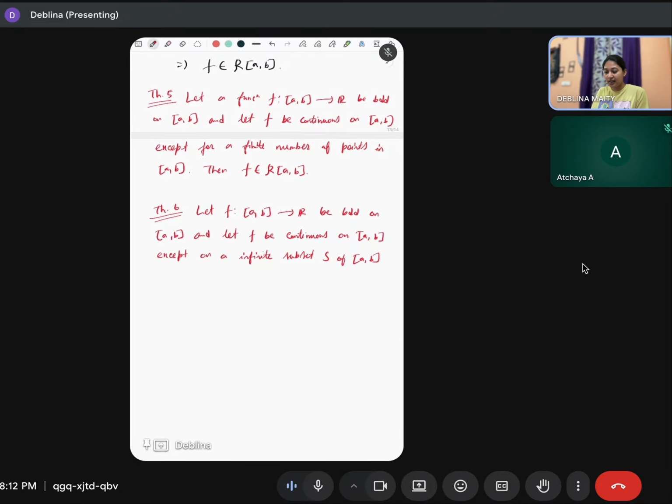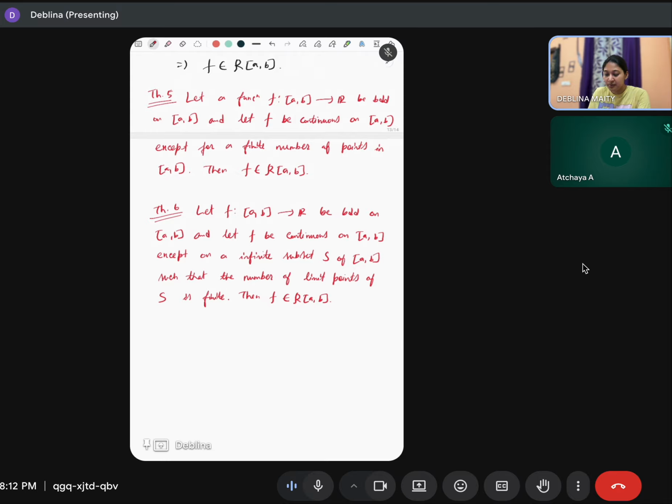So now it is not finite, that number of discontinuities is infinite. Such that the number of limit points of this set S is finite, then f is Riemann integrable.